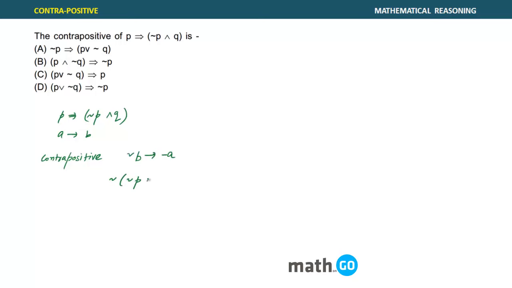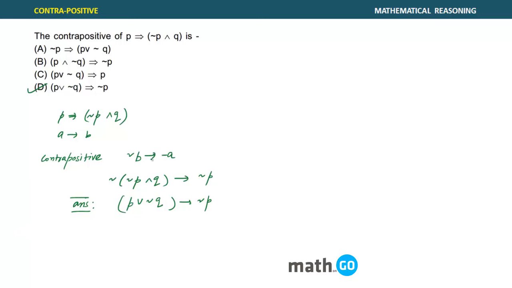Negation B will be negation P and Q, and implication negation P. You can simplify this. Take the negation of this and this will be converted to this. So actually your answer should look something like this. This is the answer we have to match in the answer options. Just look around. Yes, you find that is happening with the D option. So D is the correct answer.